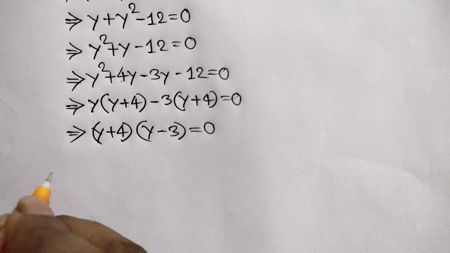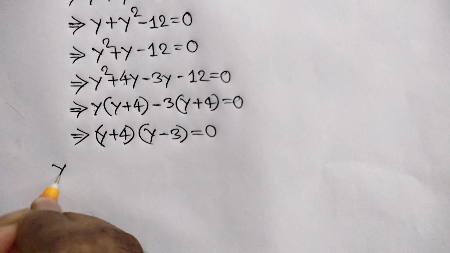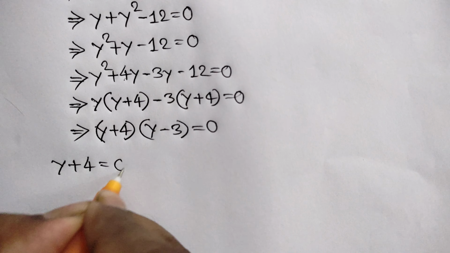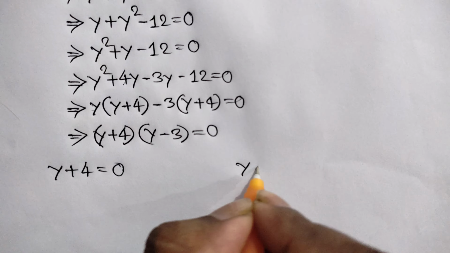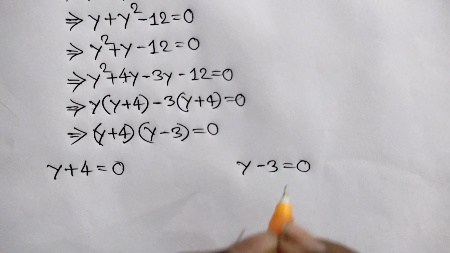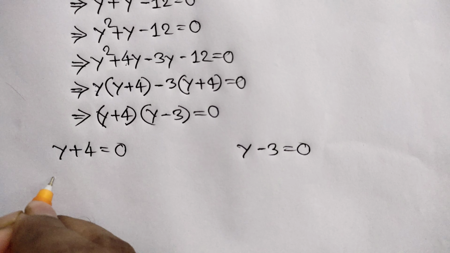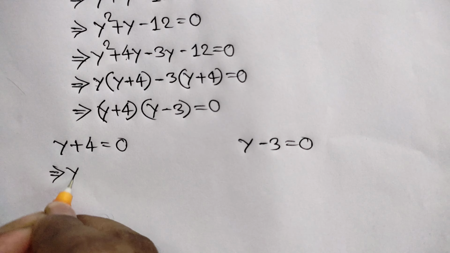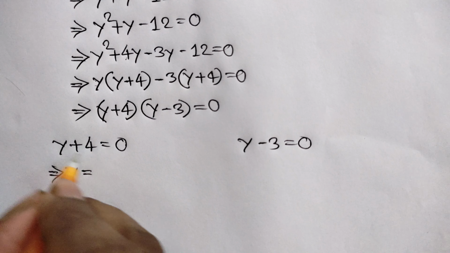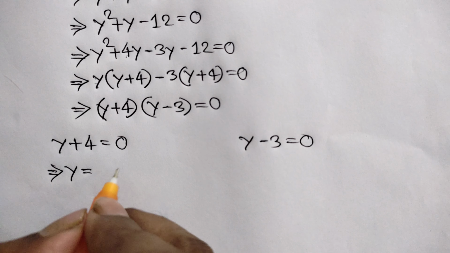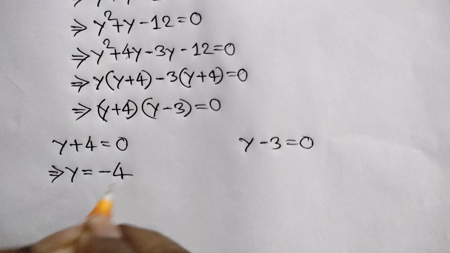Then from here we have two solutions, so we can write y plus 4 is equal to 0 and y minus 3 is equal to 0. So y is equal to, taking this positive 4 to the right side, negative 4.